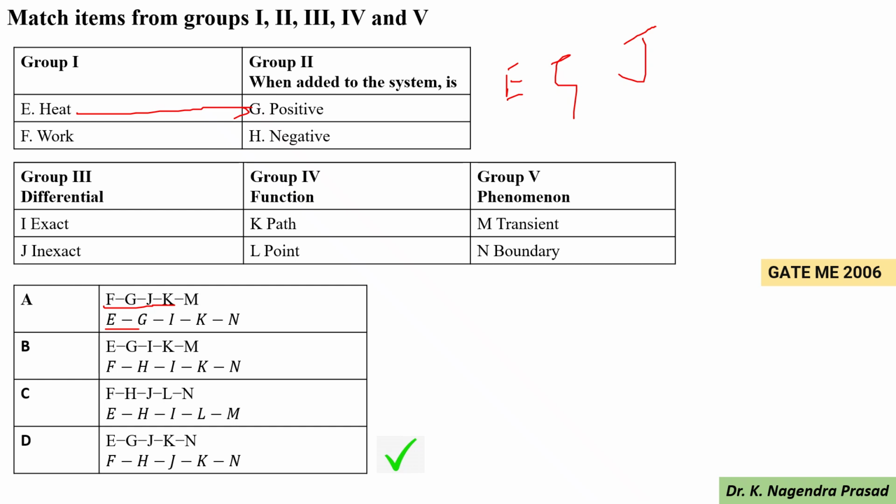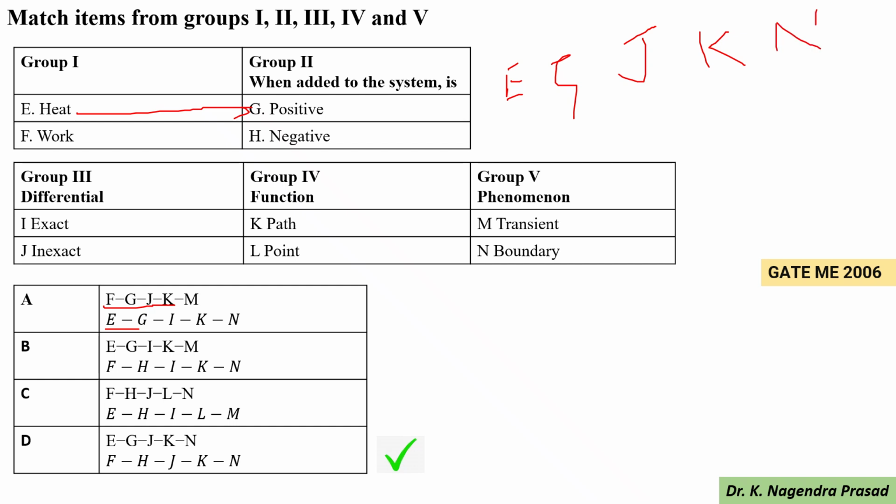So I am forming from the heat point of view. Next, both are path functions, so it is K. And heat and work, both are boundary phenomena, so N.